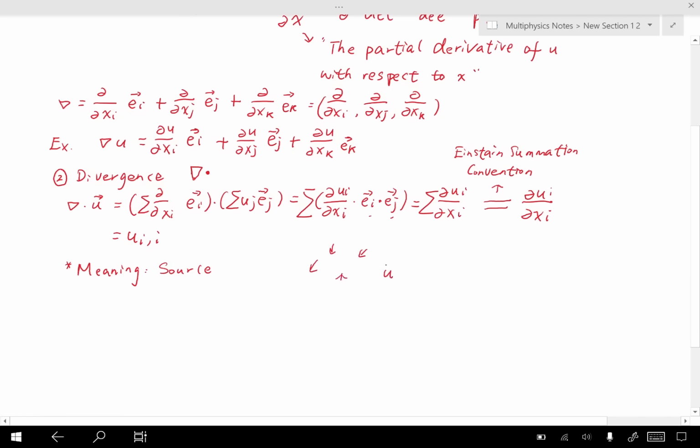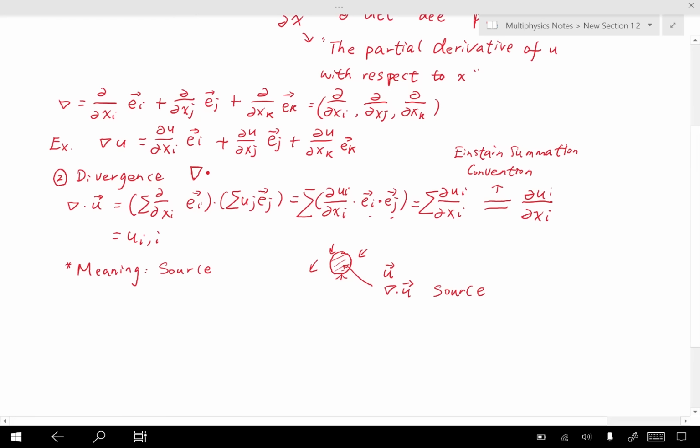And if we do a divergence of u, what we get is the source in this region. And we know the meaning of source. That is, if we are talking about heat, that means how fast heat can be generated at this point. The divergence of a field is the equivalent source at this point.